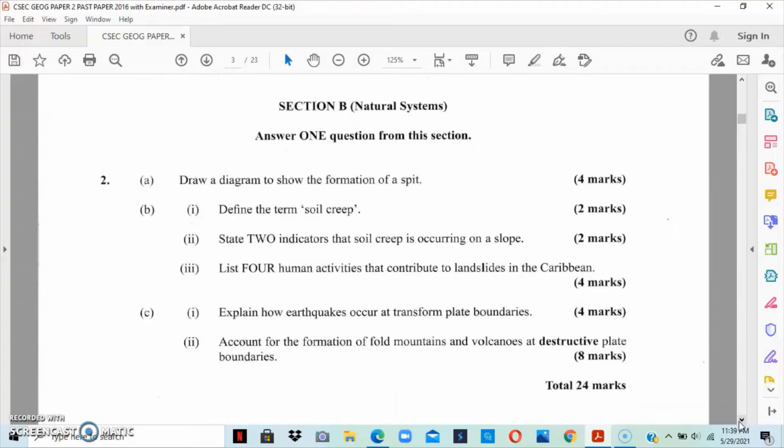It is formed when sediments transported along the coast by longshore drift are deposited at a bend in the coastline. Over time, the sediments along the bend will gradually extend into the sea at the point where the coastline changes its shape. So if you look closely at the picture, you can see the bend. That bend that you're looking at, that is the spit.